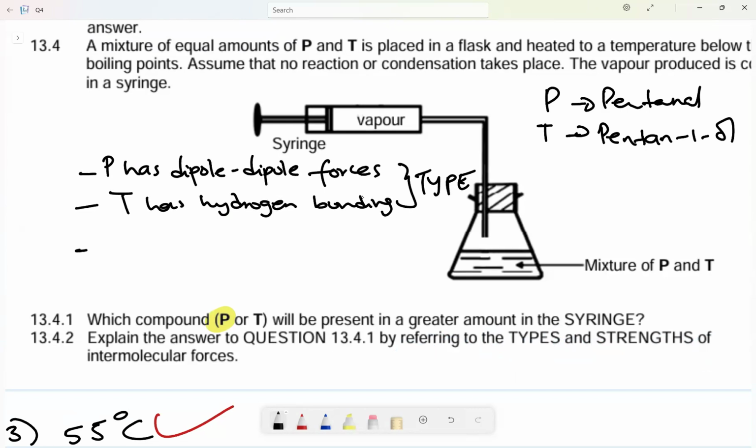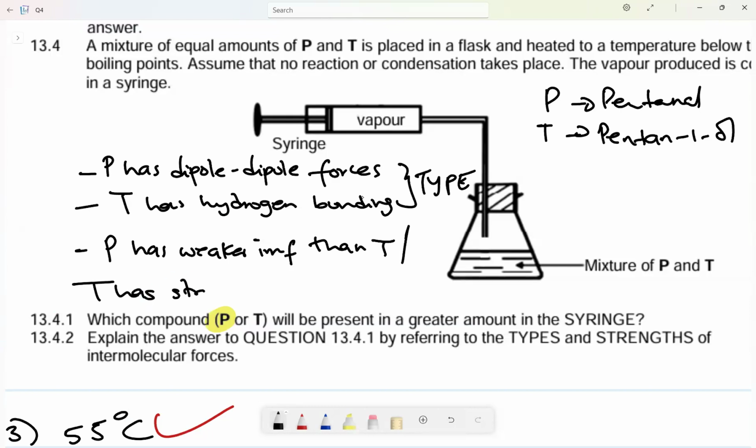For the strength, we know that P has weaker intermolecular forces than T. Or you can say T has stronger intermolecular forces than P.